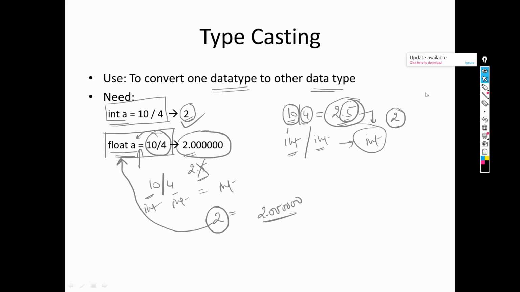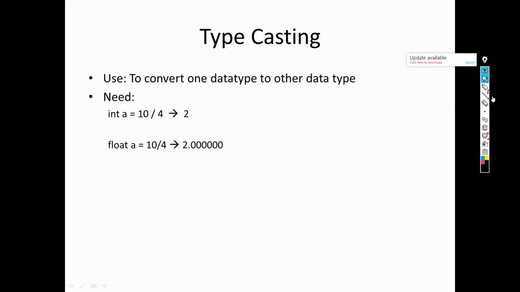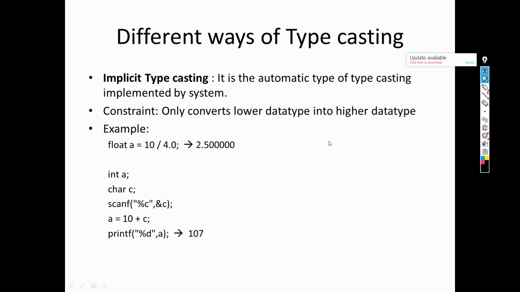Now what can be done? For that we can go for type conversion. There are two different ways of performing type conversion. One is implicit type conversion. Implicit means automatic. It is done by the system itself, or we can say the compiler itself. But what is the constraint, or where can it be applied?